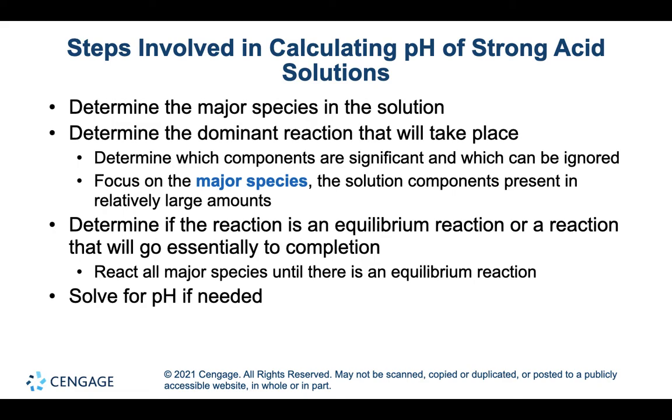For example, for pH of strong acids, you don't even work it out as an equilibrium problem. You think of strong acids as ionizing completely. Once you focus on your major species, then you can understand your concentrations for each of the species, and that should hopefully guide you to your pH.